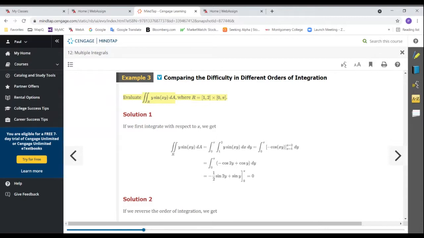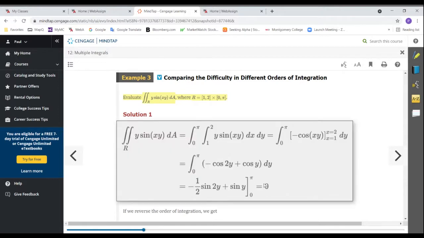And they say, okay, well, let's first integrate with respect to x. If you integrate with respect to x, you're going to get a 0.